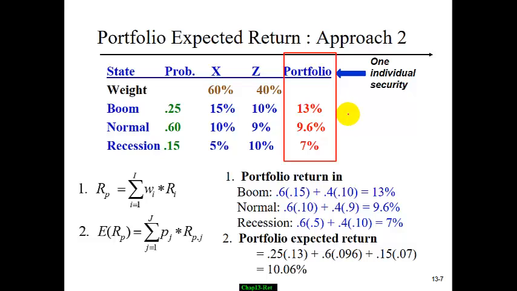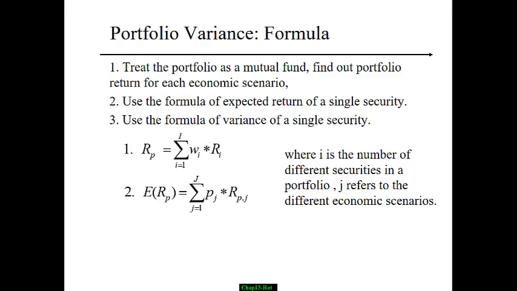Next, we follow the return and risk formulas for an individual security to find the portfolio's expected return. There's a 25% chance we hit boom, 60% normal, 15% recession. So we simply use probability multiplied by portfolio return under each economy. We get the same expected return, 10.06. To find the portfolio variance, here we follow this mutual fund approach.